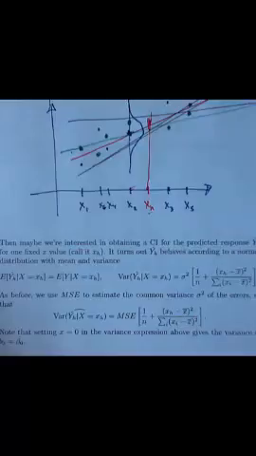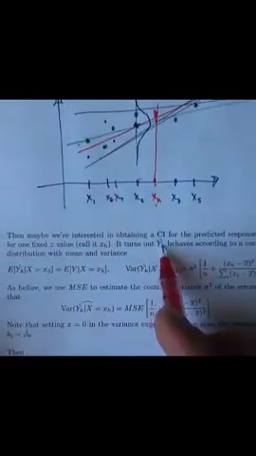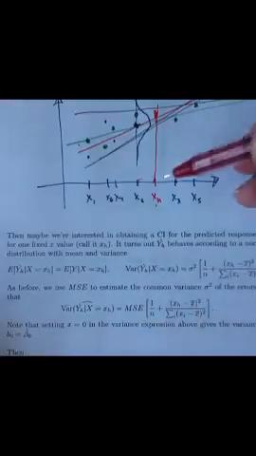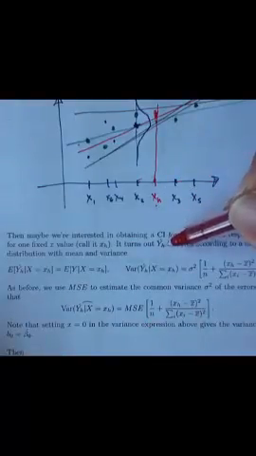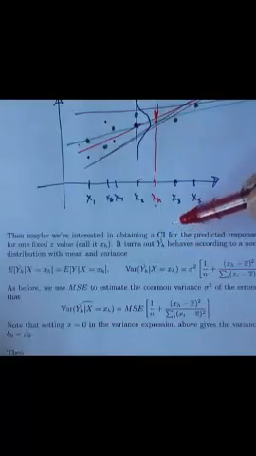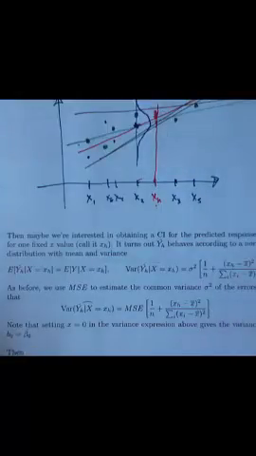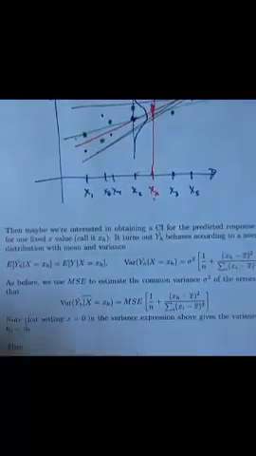It turns out that YH hat, the value of your predicted response on the regression line, the fit there, is a random variable, right? Because it depends on what regression line you actually get. It behaves according to a normal distribution. Big surprise.